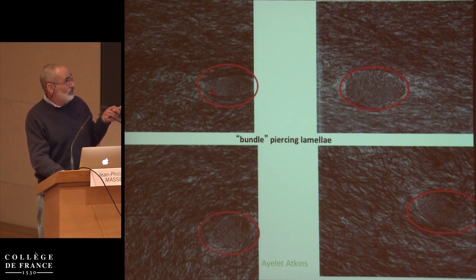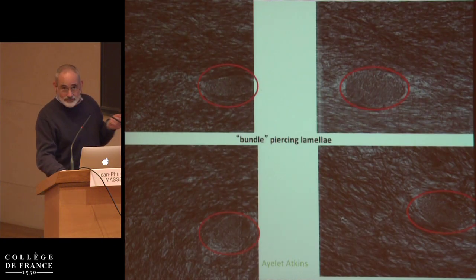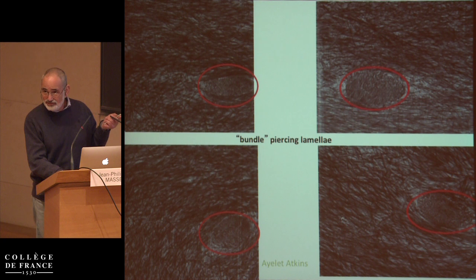And that's the reason we never, or almost never, see two of them. We have a few where we see the beginning of one and the end of another, because this whole thing is 10 microns. So this is our first clue that there's something unique about the structure, the lamellar structure, at least of the one fish species that we have looked at in this detail.